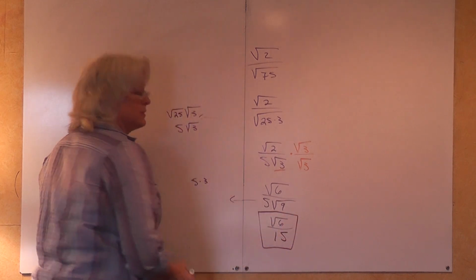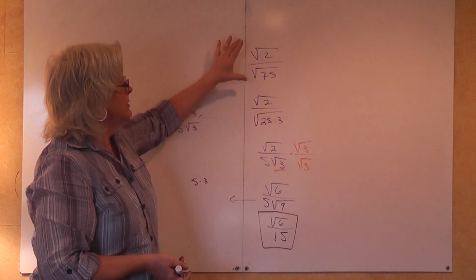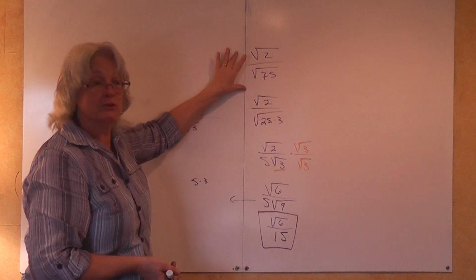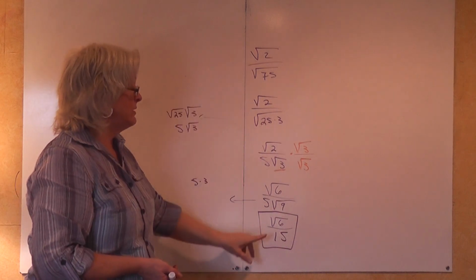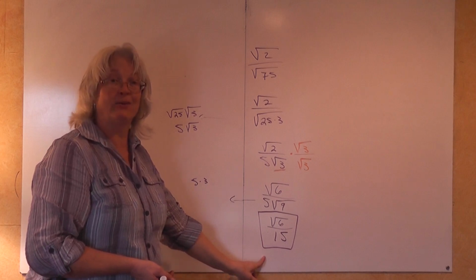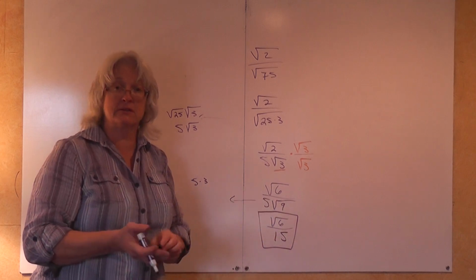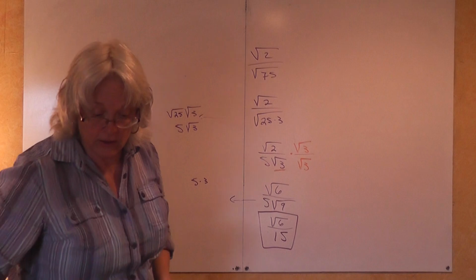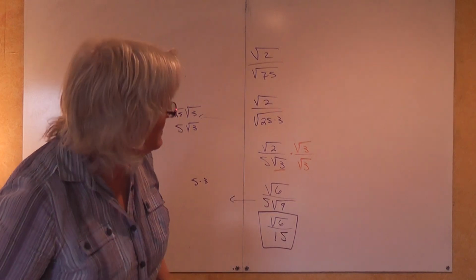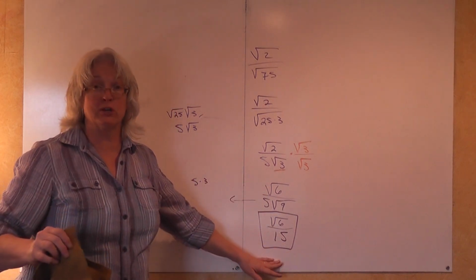This is your answer. Square root of 2 over the square root of 75 simplifies down to the square root of 6 divided by 15. Nothing else you can do.